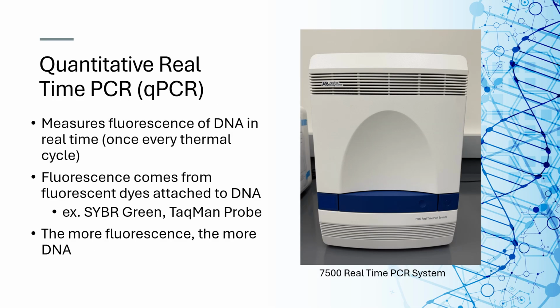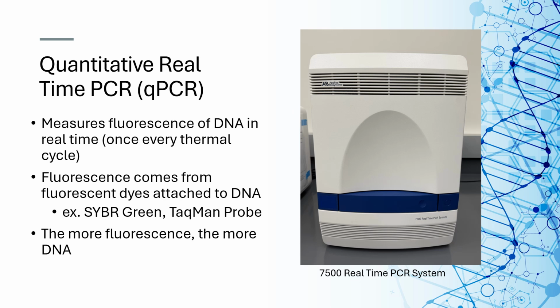The technique we like to use for PCR is known as quantitative real-time PCR, or qPCR. Here you can see a photo of the instrument we use for that, which is the 7500 real-time PCR system, and it measures the fluorescence of the DNA in real time, or once every thermal cycle. This is in contrast to, say, measuring the fluorescence at the end of all thermal cycles.